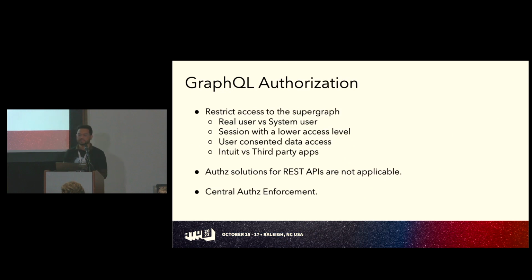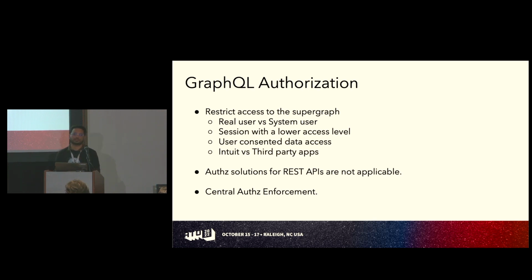So the other feature that we have is GraphQL authorization. This is not limited to the orchestrator itself, but it can be applied to an individual microservice as well. But the orchestrator problem, the authorization problem, is that you have a single endpoint. With REST, a resource is represented by an endpoint or a path, right? And a lot of ecosystem and tools are available to apply policies around the URL or path, right?